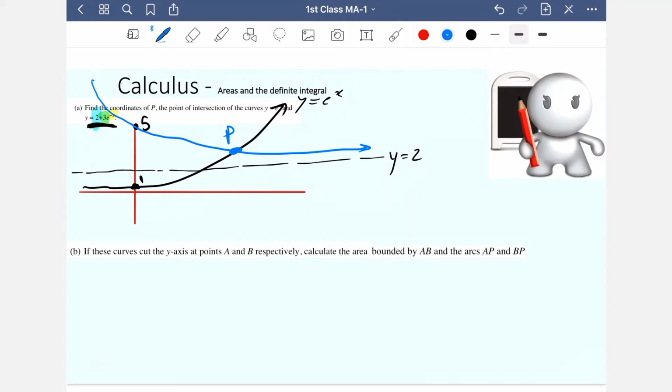Alright, so I might just move all of that over here just to allow me a little bit of working space, because I know that it's going to be a bit of a substantial solution. So what I'm going to do is solve by substitution.